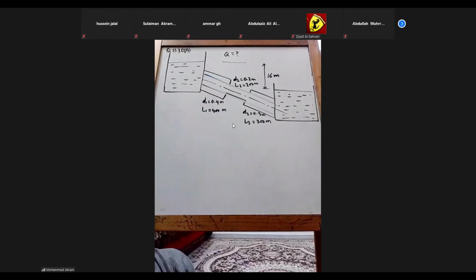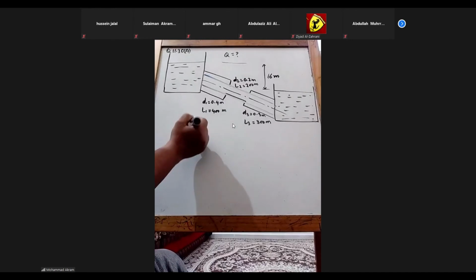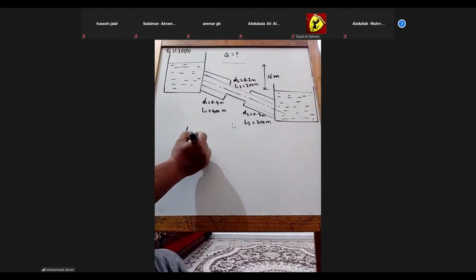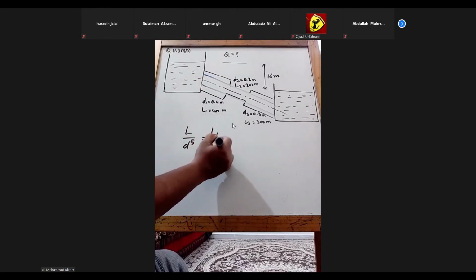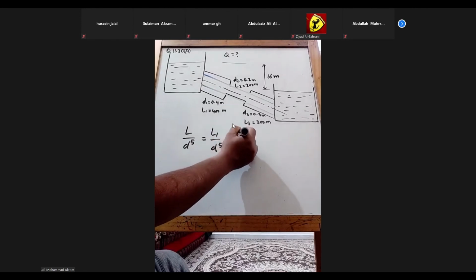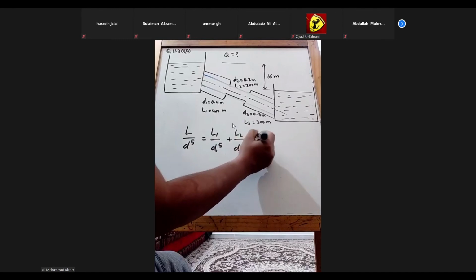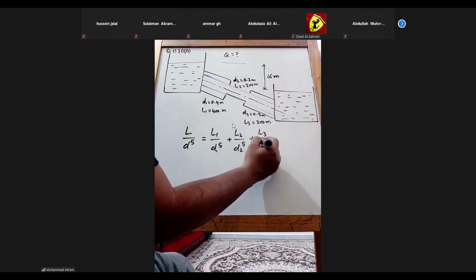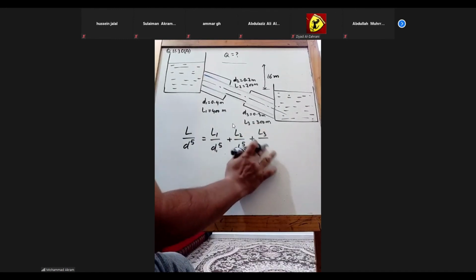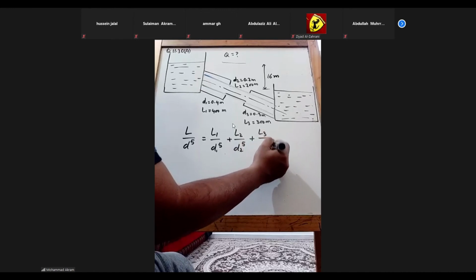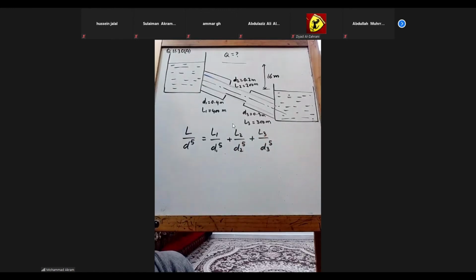We already calculated Q, but we don't need it. So L over D to the power 5 equals L1 over D1 to the power 5 plus L2 over D2 to the power 5 plus L3 over D3 to the power 5.